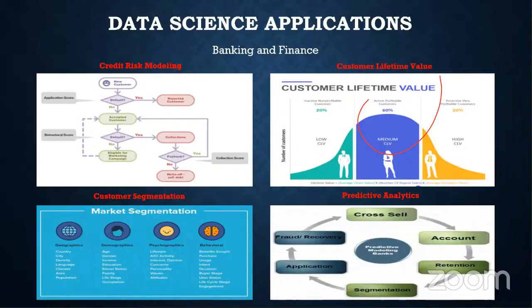Because banking is more prone to fraud, more prone to various types of patterns that they may not have seen before. These are some classical examples which I tried to find from the banking perspective.